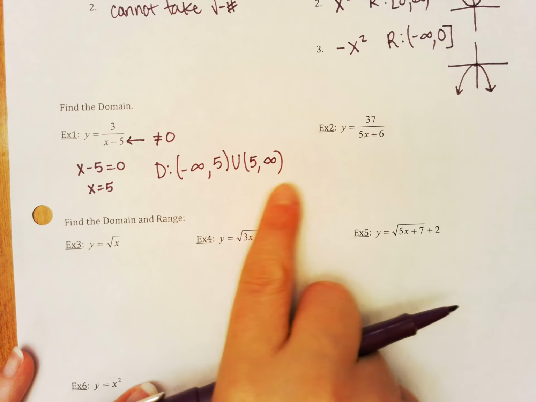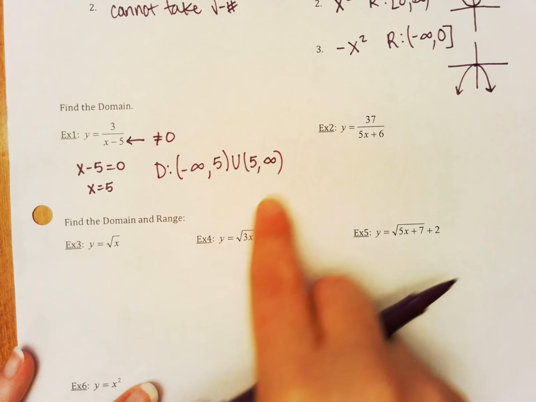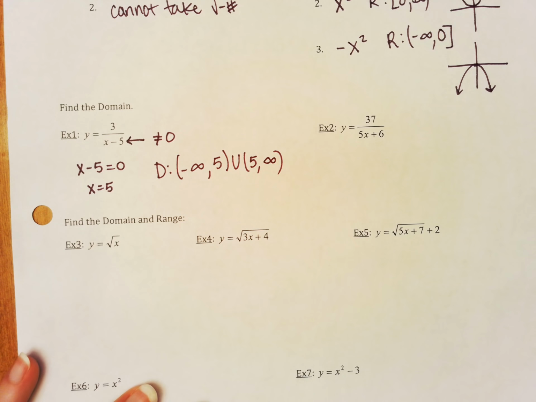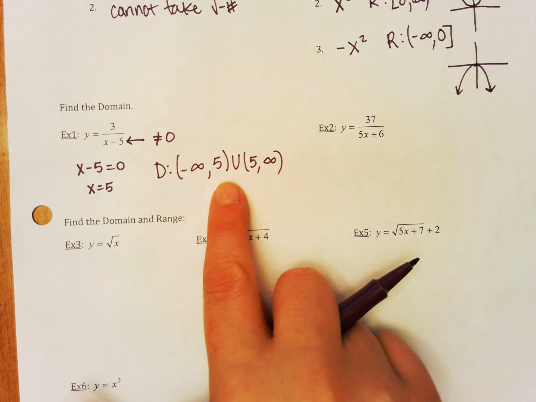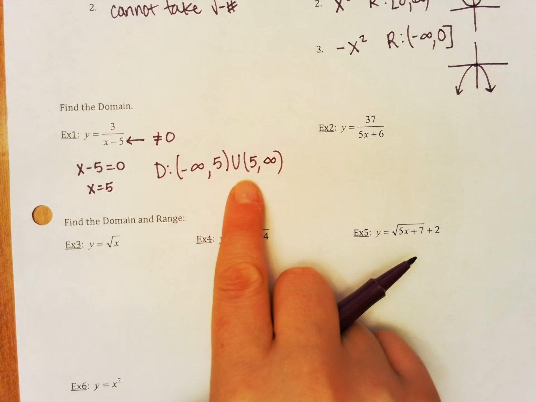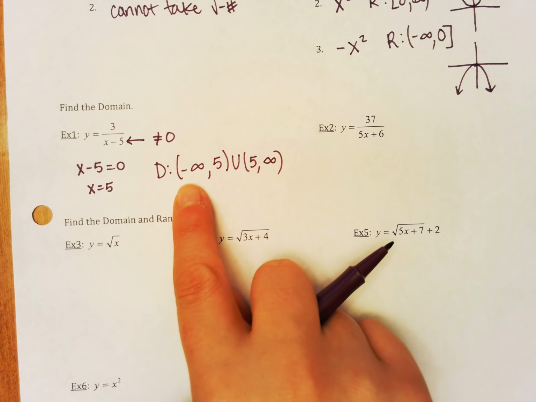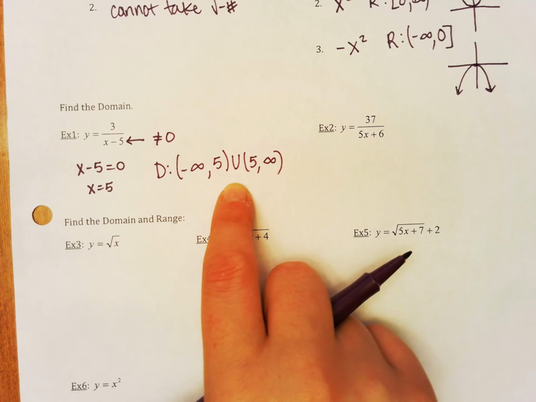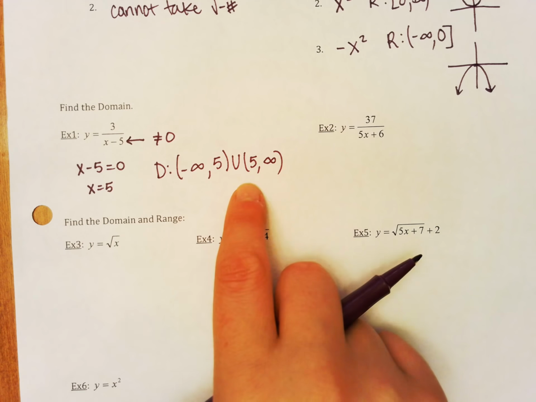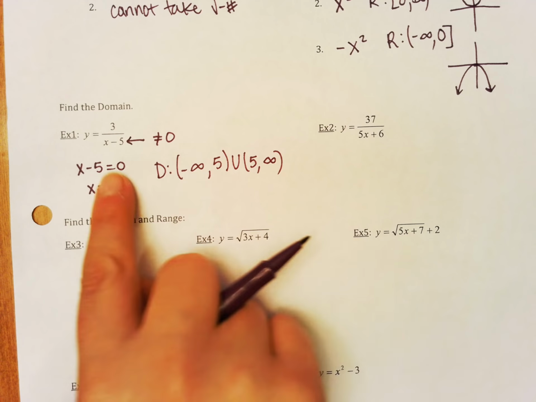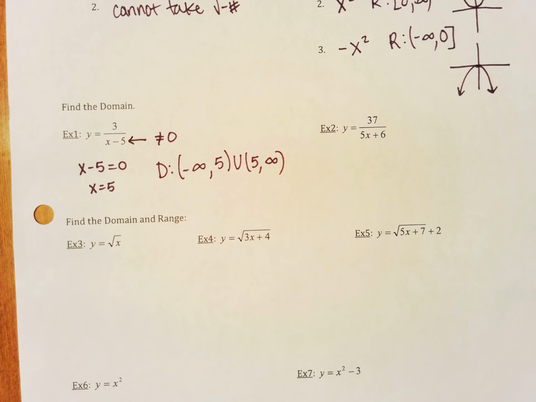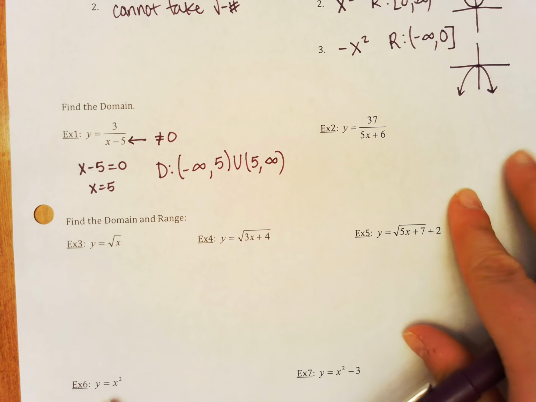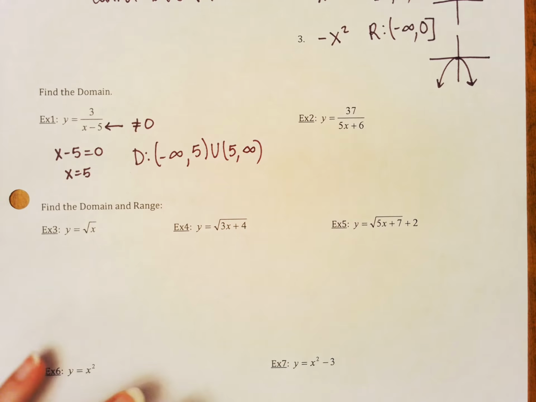What this means is that if I went negative infinity to infinity, I would be including every single real number you could possibly think of. With the parentheses around the 5, I can go all the way up to 5, but not 5, and then anything above 5, but again, not 5. So I'm literally taking the entire number system and plucking 5 out of it. That's what I want you to think of as you're looking at your divide by 0 errors.